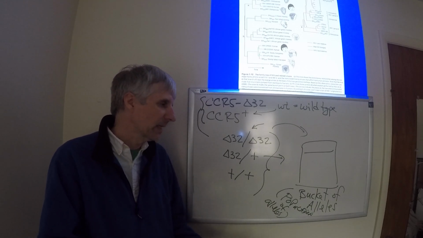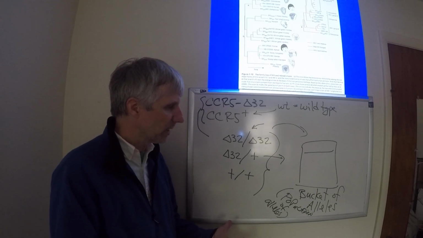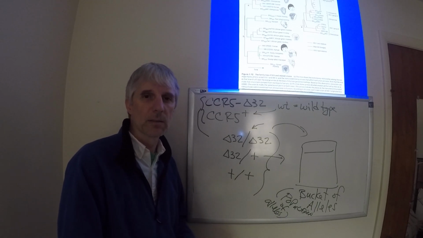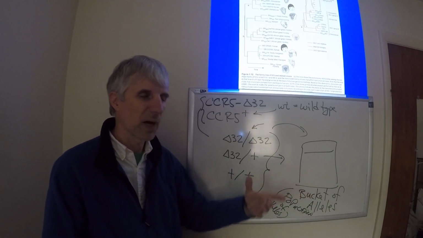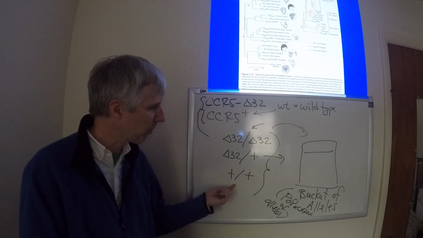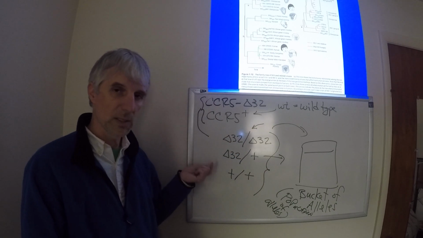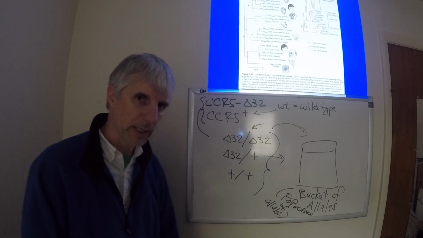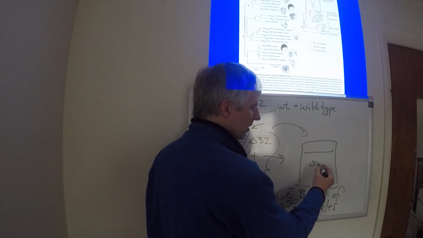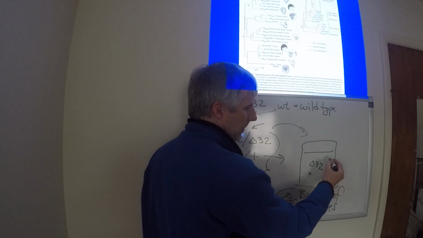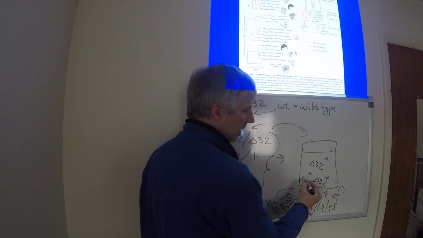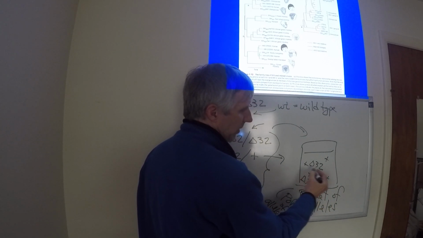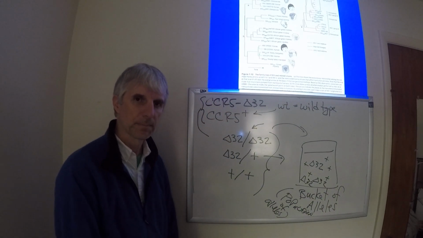And in fact, in evolutionary biology, I really don't care. I just care about the bucket of alleles. I don't really care about the source of these alleles in terms of genotypes. I just care about the alleles in the bucket. There should be a bunch of delta 32 alleles and a bunch of wild type alleles floating around in this bucket.